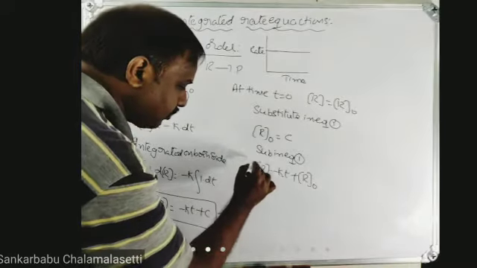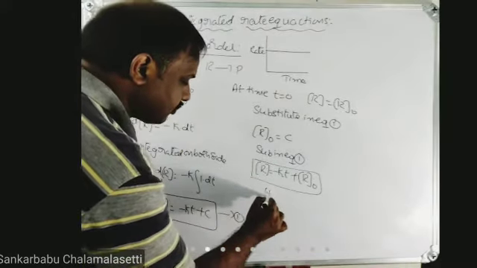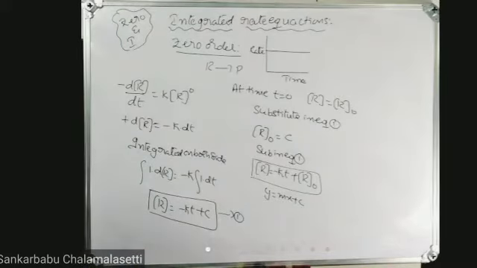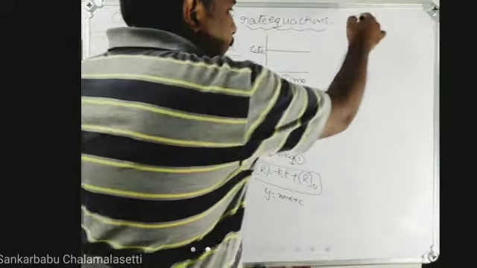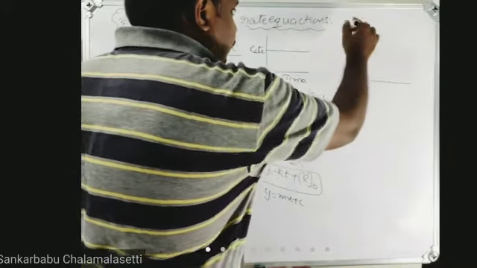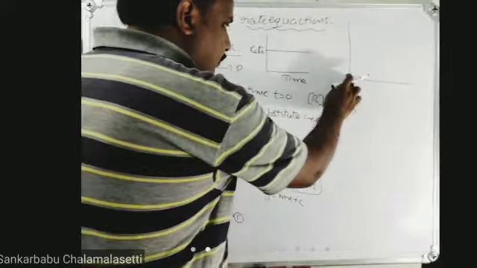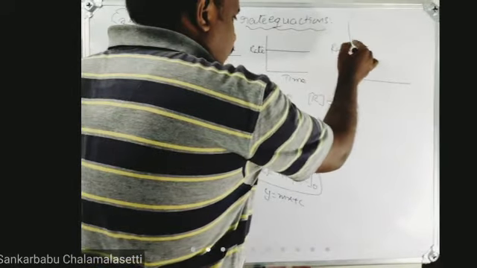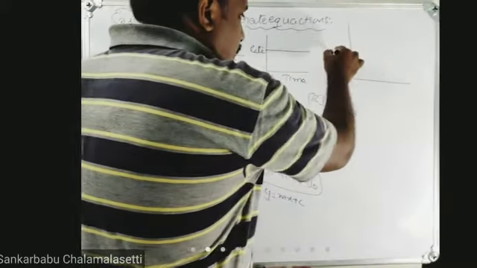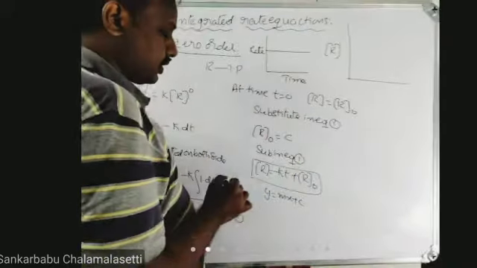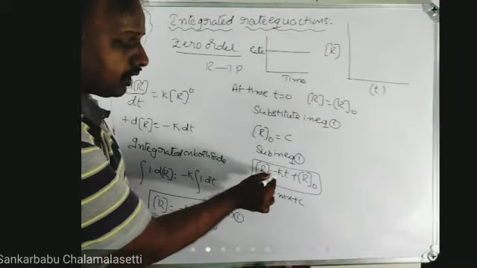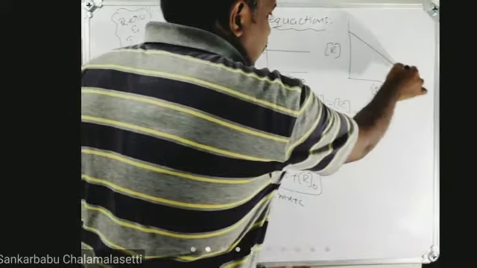The equation looks like y is equal to mx plus c. If you draw a graph between the concentration of reactants versus time, the graph has a negative slope.